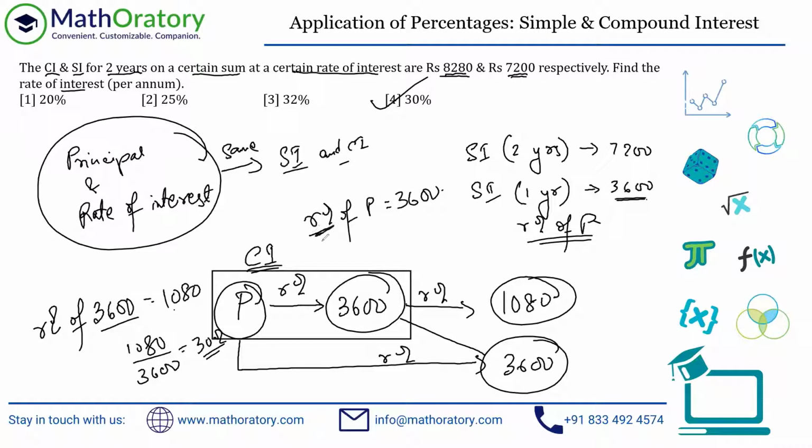And now that you have figured out this is 30%, 30% of the P should be equal to 3600. So you can just backtrack and you get 12,000 as the principal. So this is another way to figure out the principal if that was what was asked in this question. But anyhow, that's all I had to add for this question. Hopefully everything was understood. Thank you.